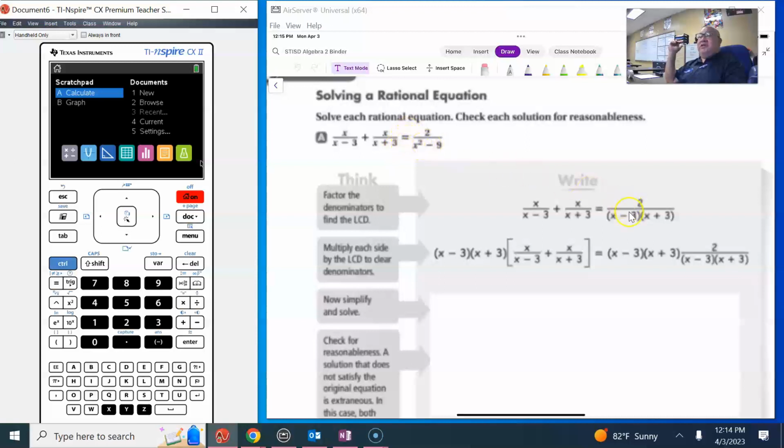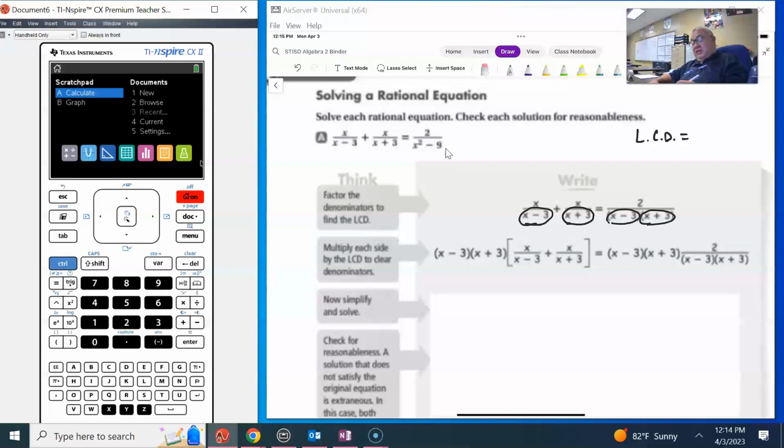So x squared minus 9 is factored into x minus 3 times x plus 3. And what you need to do is find the LCD among all these denominators. Remember that we have x minus 3 and x plus 3, and here we have x minus 3 and x plus 3.